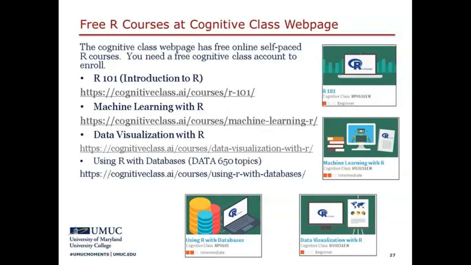There is a course on using R with databases. And these courses are free. You just enroll and you can log in and take it at your own pace. So these are some of the Data 650 topics, some advanced topics using R with databases. We do it as a last assignment in Data 650 in memory analytics.